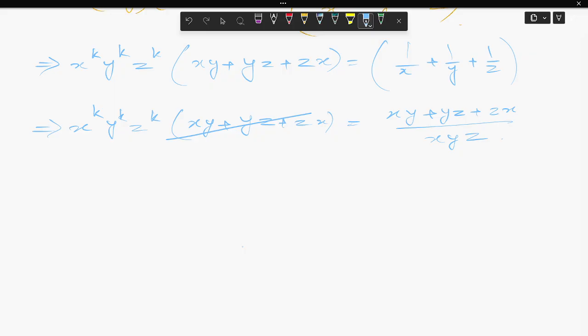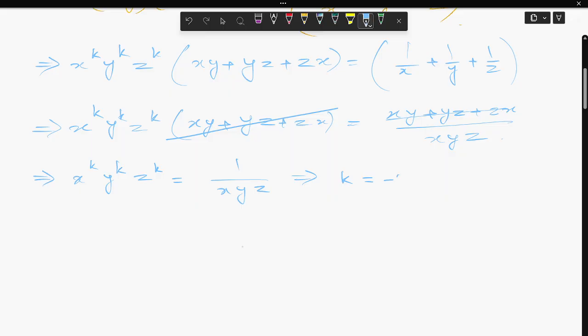This thing and this thing will be cancelled out. So easily we can write that x to the power k into y to the power k into z to the power k is equal to 1 by xyz. So we can say that k is equal to minus 1.